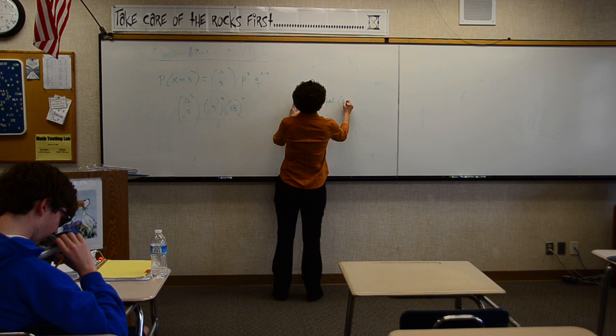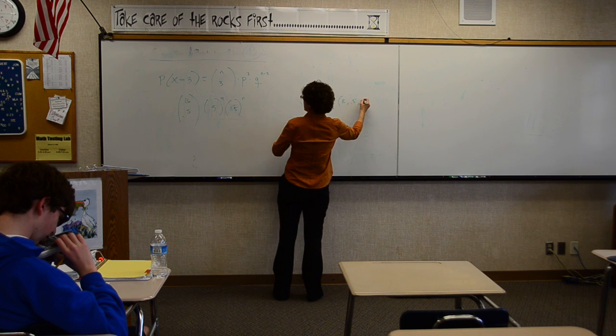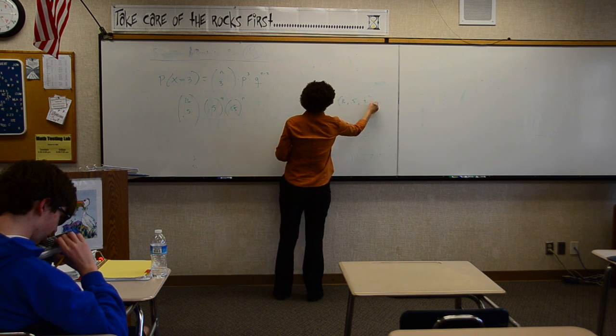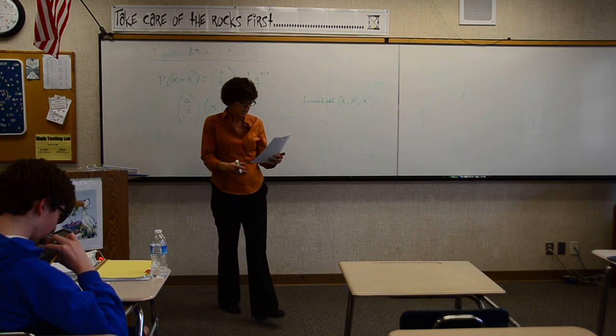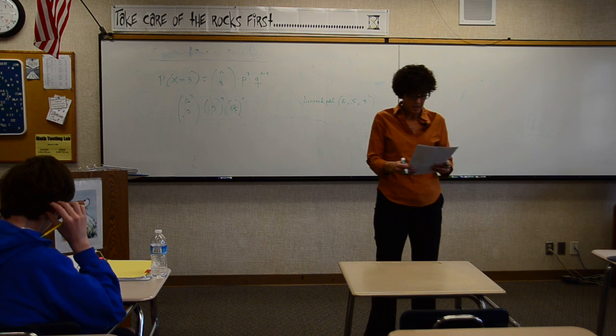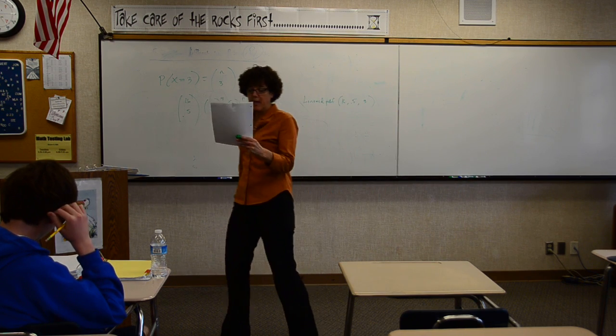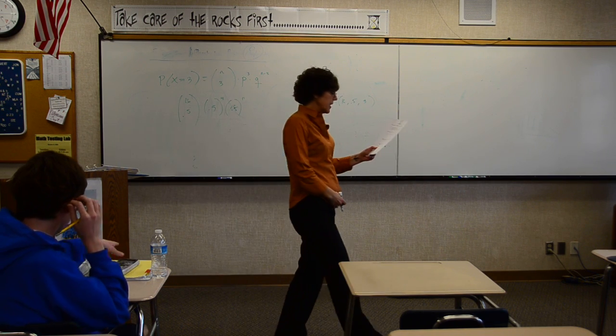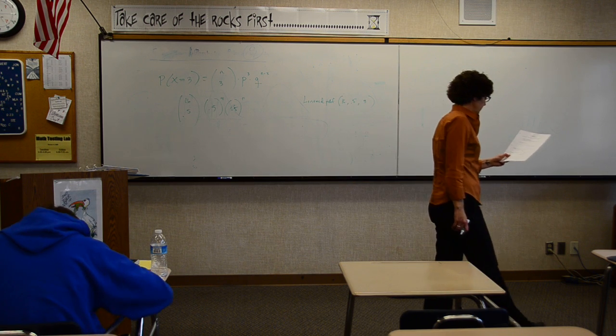So it'd be 16, comma, 0.5, comma, 5, right? And we should get 0.0667. Yes? Okay.